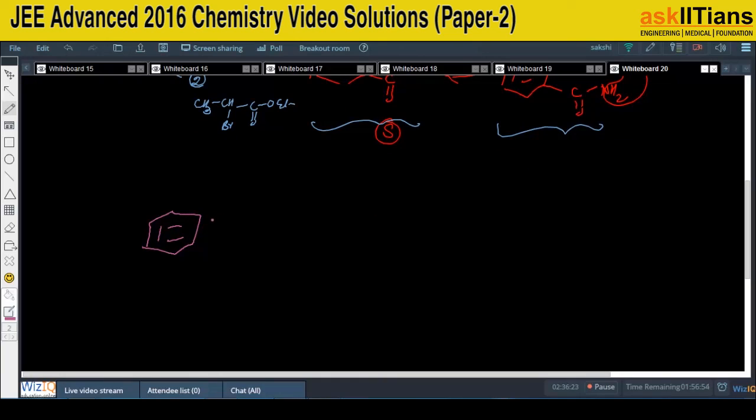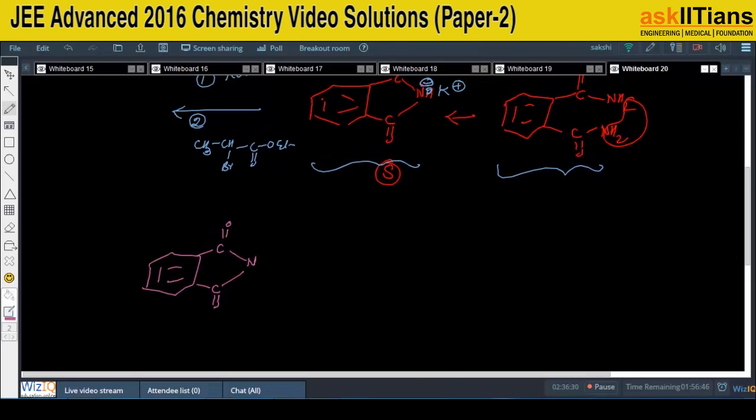So you have C double bond O, N, C double bond O. This N minus K positive, you can say this N will attack here, let's say this C delta plus, and this Br will go away, so that you can have CH, and then you have a CH3, then you have COOEt here.